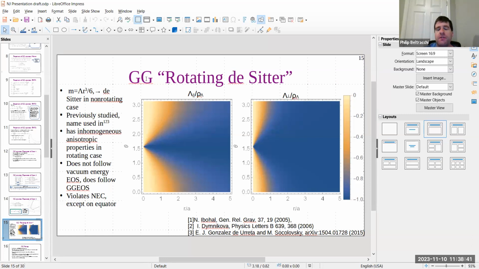is commonly used for it is rotating de Sitter. In a sense, this name is fine because it is a rotating space-time which is based on the de Sitter metric in the non-rotating case, but in the rotating case, it has inhomogeneous and anisotropic properties.